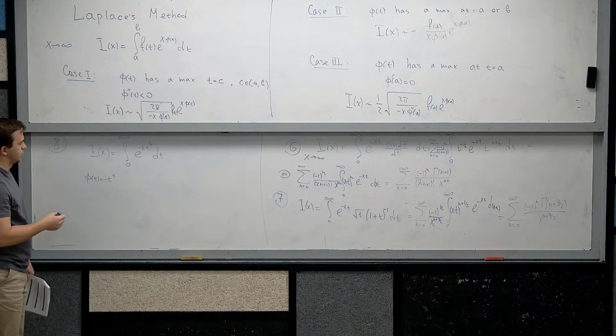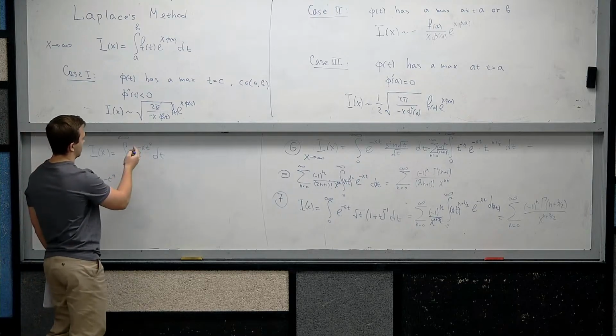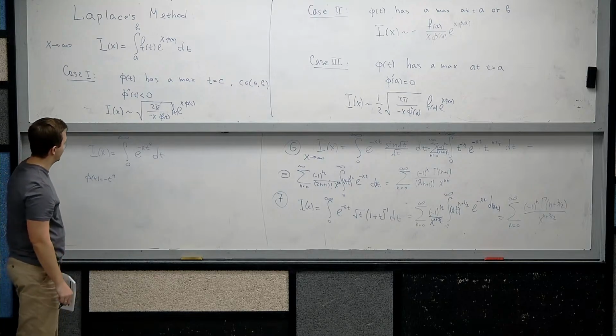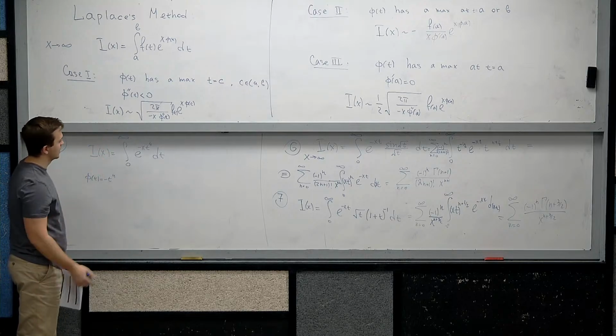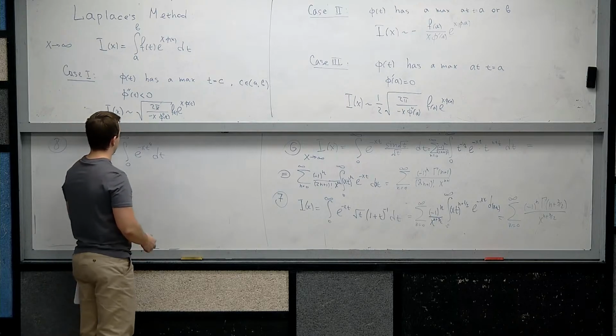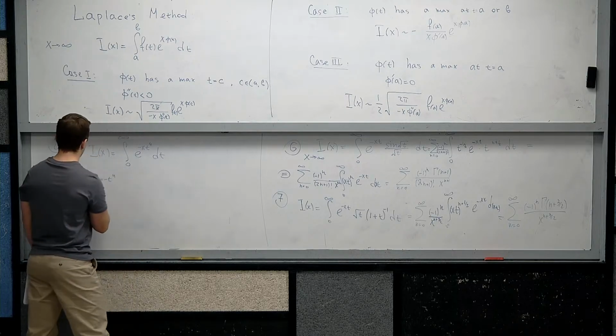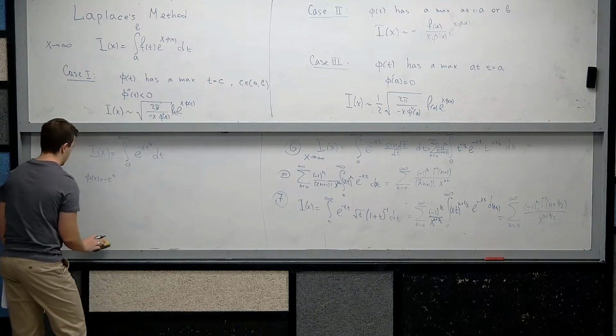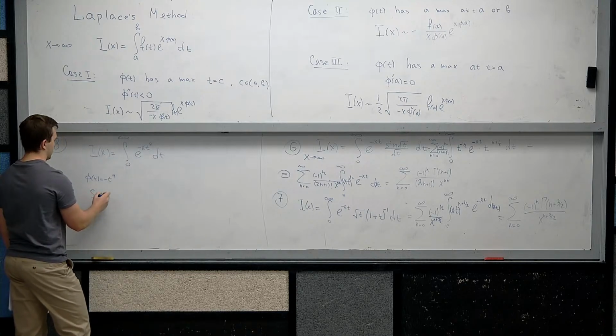We have to change the variable, and basically we will convert it into a gamma function. We don't even need to use the plus method here. So we'll use, let's call it S. S is x times t to the 4th.